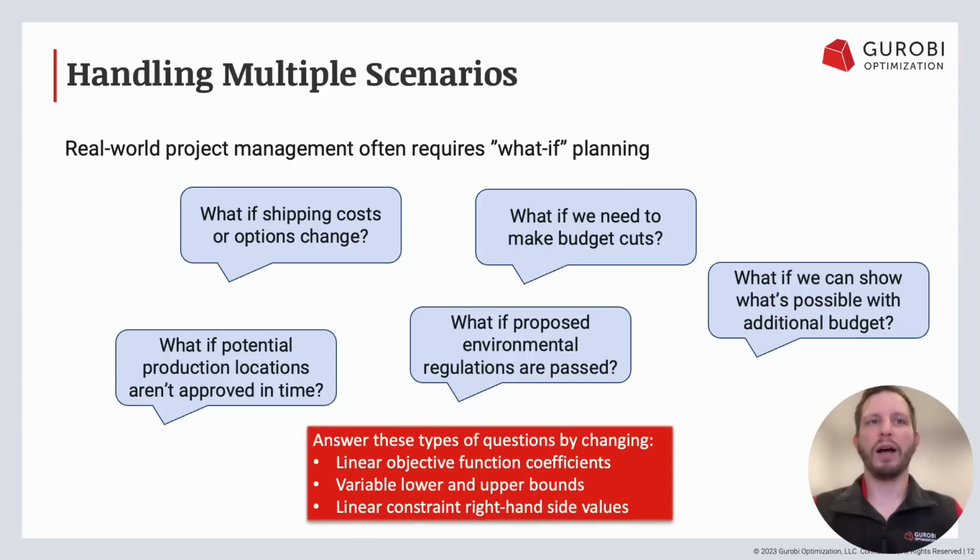Well, you can answer these types of questions by changing a few simple things: the objective function coefficients, variable lower and upper bounds, and also constraint right-hand sides. And just by changing these things, you can help answer all of these questions for individual problems.